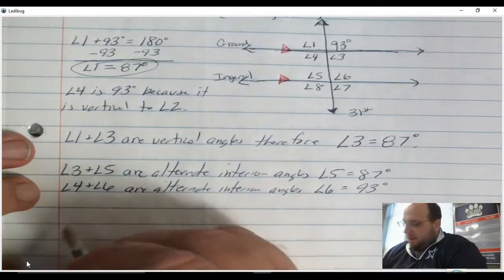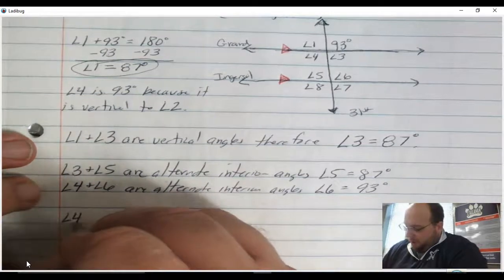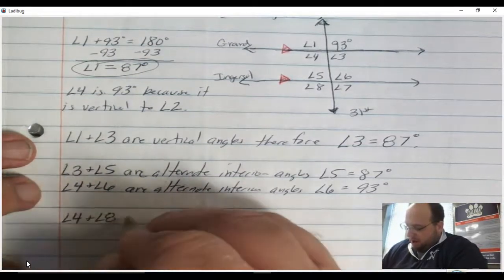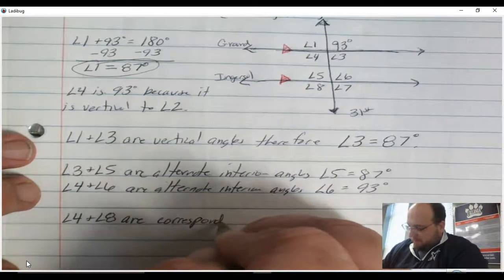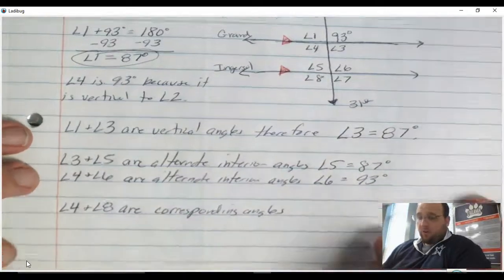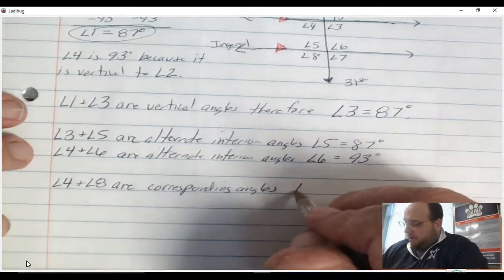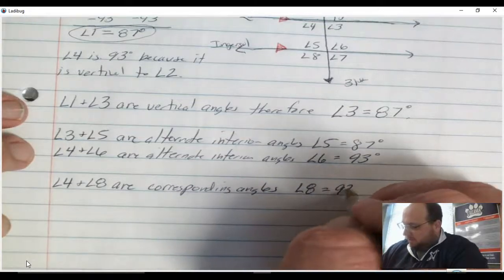I'm going to do a little different one here for angle 8. Angle 4 and angle 8 are corresponding angles. Corresponding angles are also congruent. So therefore, angle 8 is equal to 93 degrees.